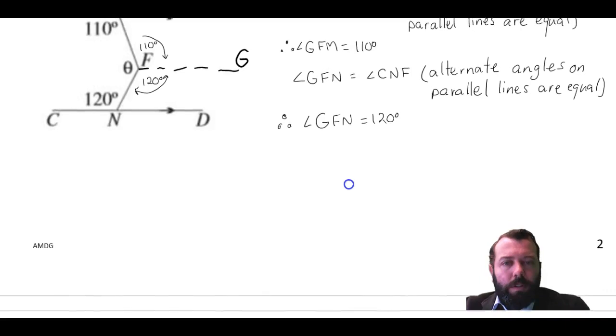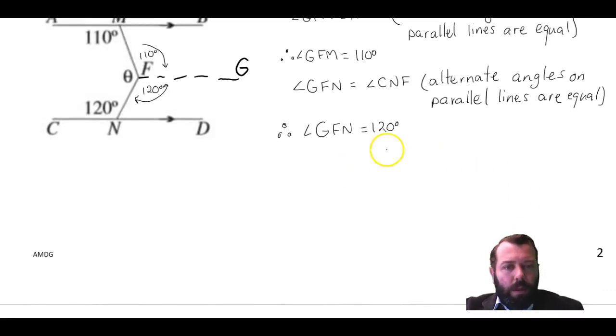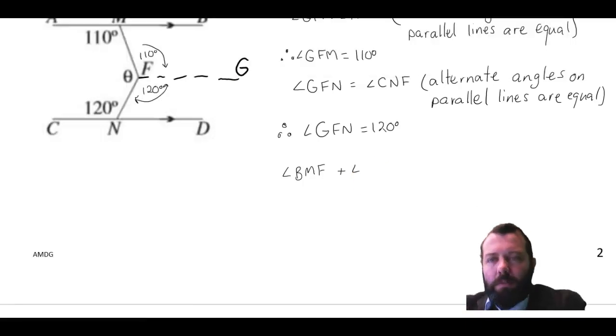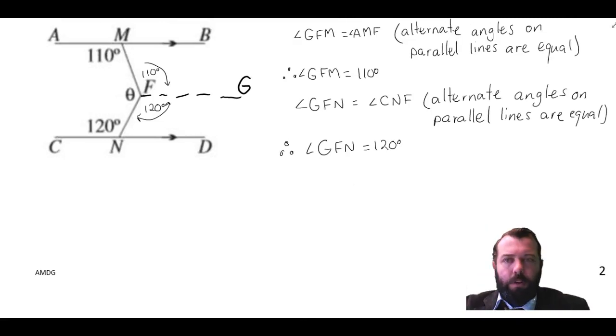Oops, not quite that much because I need a little reference point there. I'm going to say that angle BMF plus the angle, not BMF, I don't care for that, hang on. Okay, sorry for the confusion there.